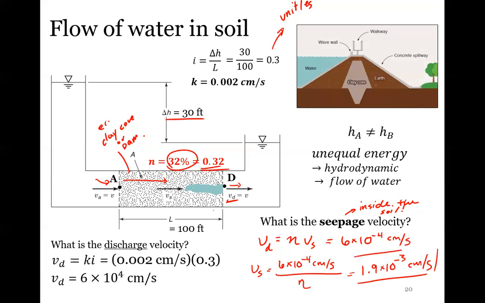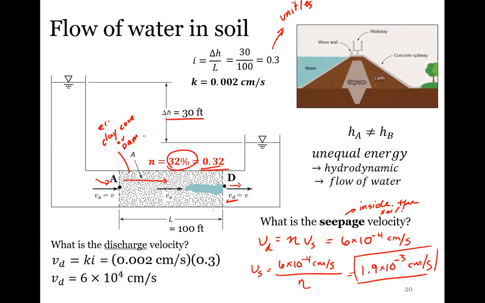So this value is important. Discharge velocity is important too, because we need to know what the actual velocity is traveling into our stream or something. But when it comes to biological processes, or to seepage for potential internal erosion, the seepage velocity is the thing that controls.